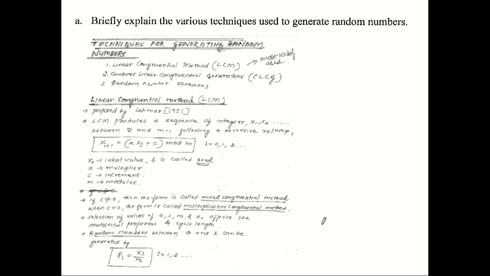Now let us see the different techniques used for generating random numbers. We have three different techniques. The first one is the linear congruential method, the second one is the combined congruential method, and the third one is random number streams.